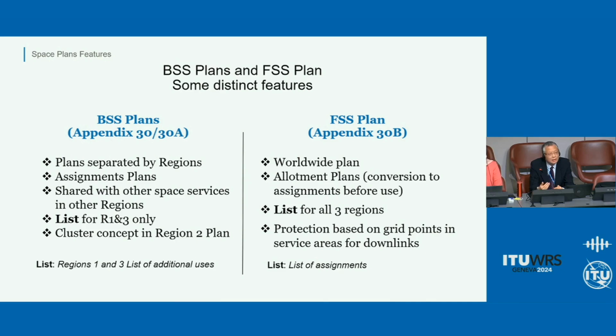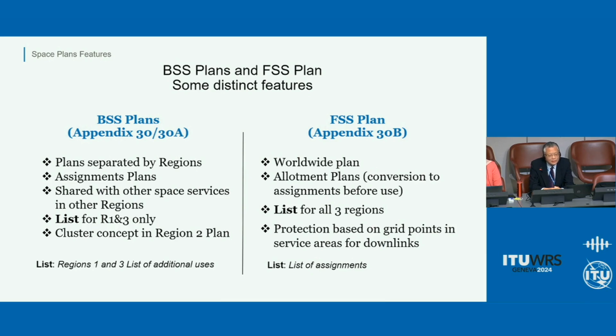But for the allotment plan, even if you do not make any modification, you first convert it to an assignment, changing the resources from a country to a station. Then you can use it. So anyway you want to use an allotment in the Appendix 30B plan, you have to send a submission as the first step to convert the plan allotment into an assignment.